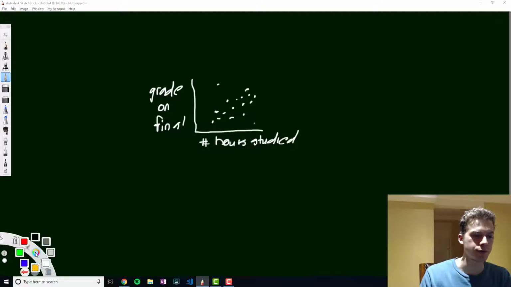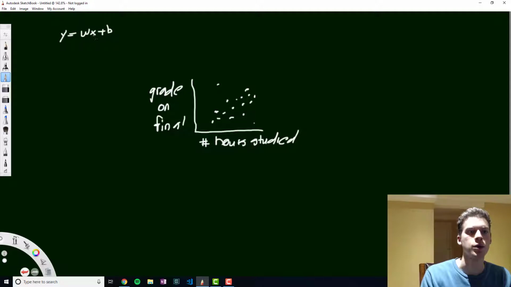And so a model, as far as linear regression goes, is just the function y equals wx plus b. In machine learning, we use w for weight instead of m, which you would use in calculus.